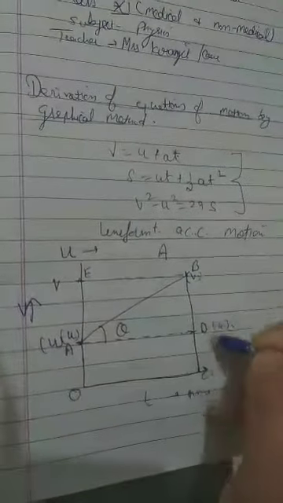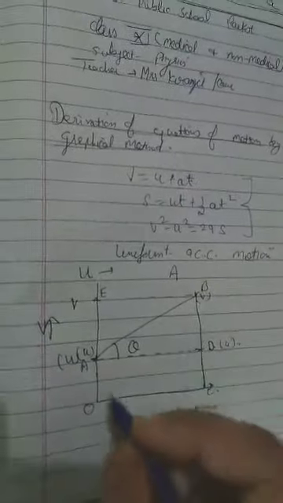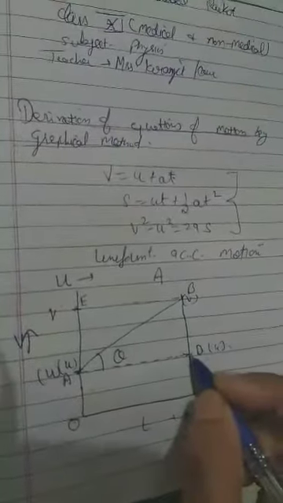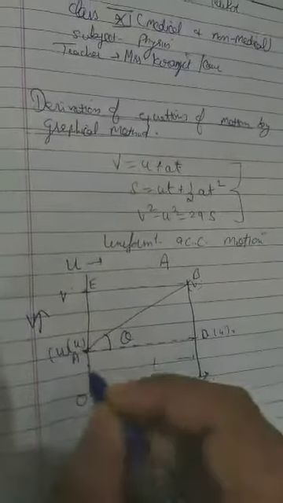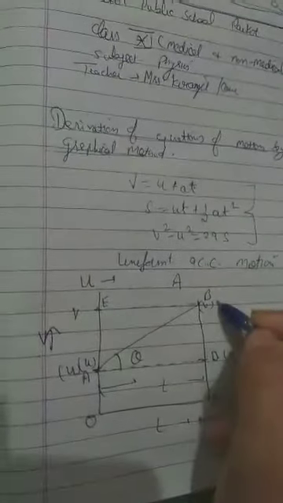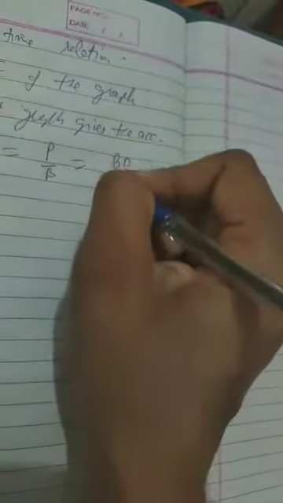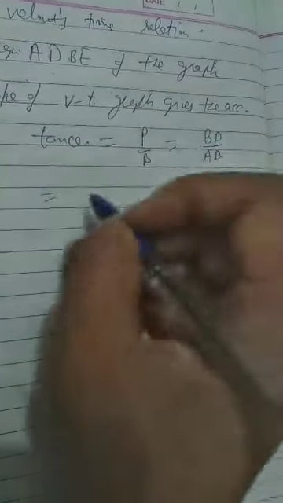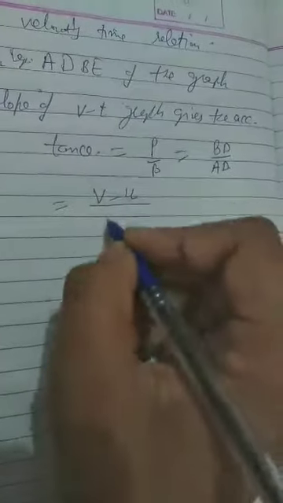At this point time will be 0, and at this point time will be any time t. At this point the velocity is v, here velocity is u. So tan theta is perpendicular over base, means BD upon AD. Clear? So this BD will be v minus u, and AD will be t.